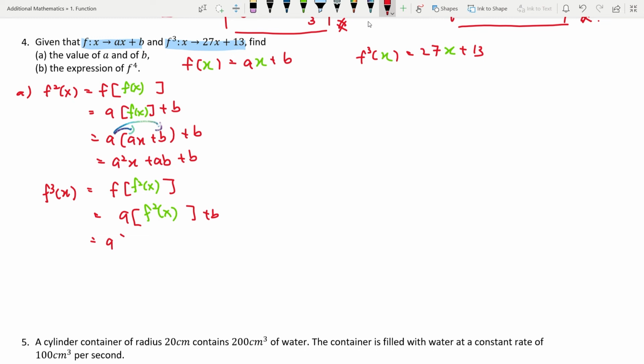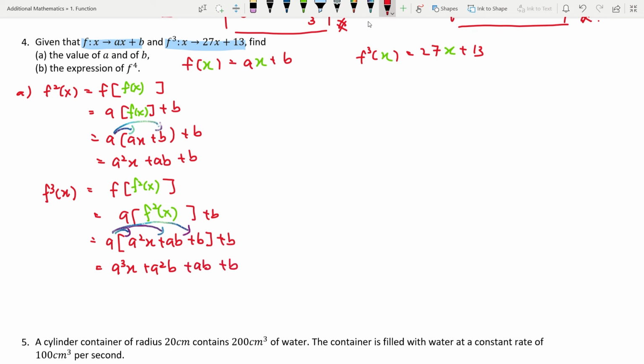We just obtained it, a²x plus ab plus b. Expand it. We get a³x plus a²b plus ab plus b.